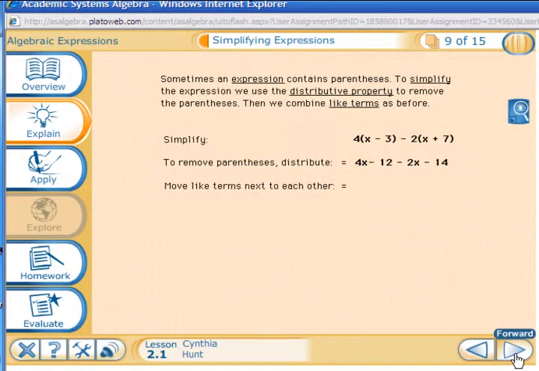Move like terms next to each other. Combine like terms. So 4 times the quantity x minus 3 minus 2 times the quantity x plus 7 equals 2x minus 26.